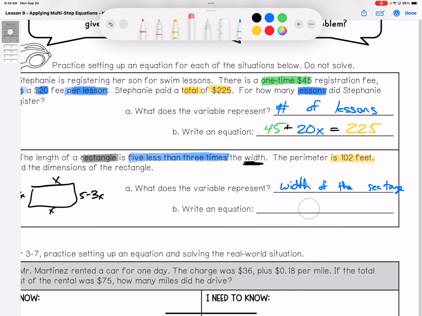Stop in the name of love. All right, so it should have been 3 times the width, 3x, minus 5, since it's 5 less than. I wrote it backwards. My bad. Minus 5 plus x plus x. Now let's combine them. So that's negative 10, and then combine your x's. 8x equals 10. That is your answer. Equals 102. Forgot the 102 part.